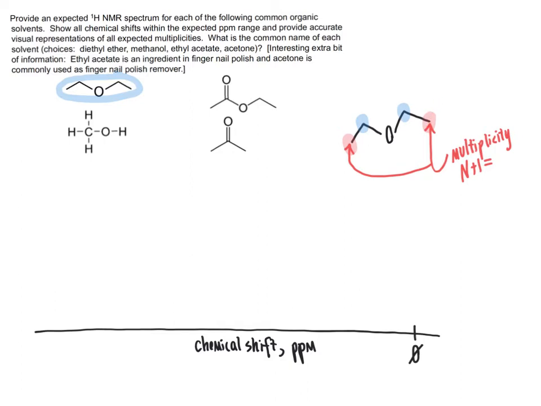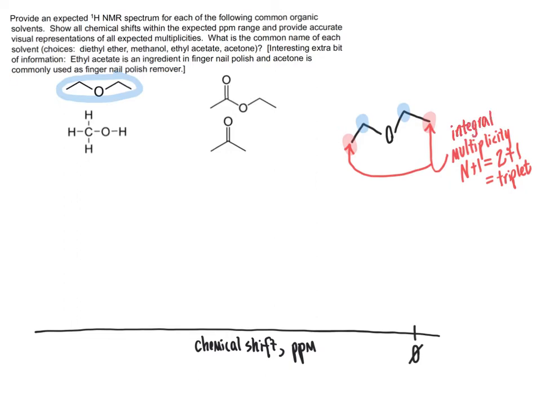We look at the adjacent carbon and count the number of protons there. The number of protons here on the adjacent carbon is 2. So n+1 is 2 plus 1, which makes 3, which is a triplet. So we expect somewhere on this x-axis for there to be a triplet that refers to those methyl groups. While we're at it, we can think about what the integral would be for this signal.